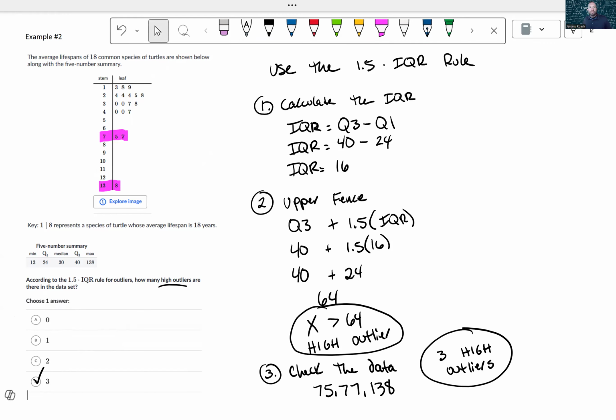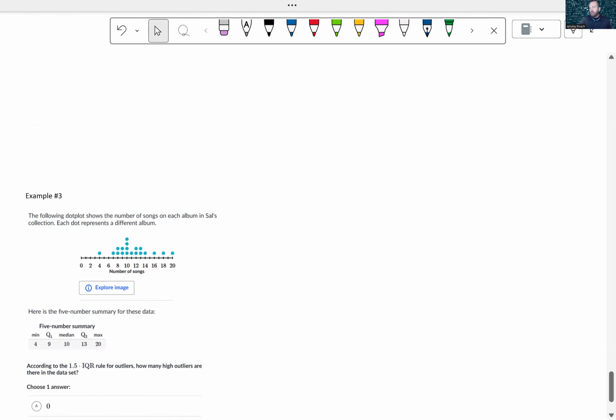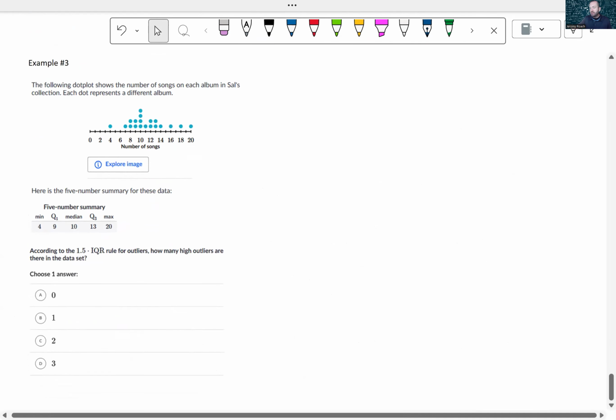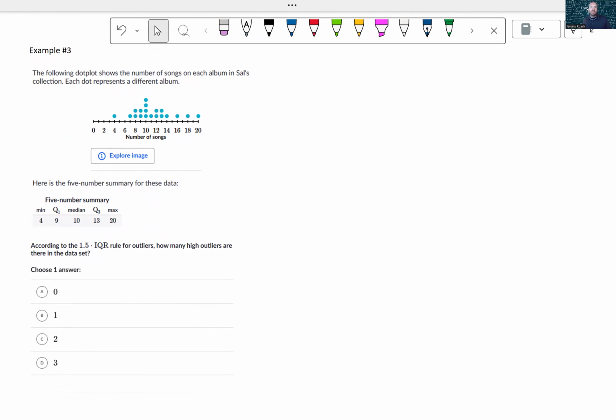Let's take a look at one more with a dot plot, so that we are able to look at all the different types of data that can be represented using the 1.5 IQR rule. This dot plot shows a number of songs in Sal's collection. We also have a 5-number summary for these data, and we want to find how many high outliers there are.